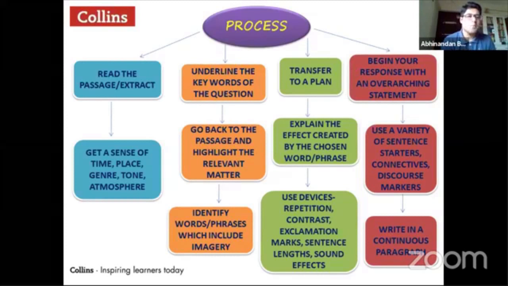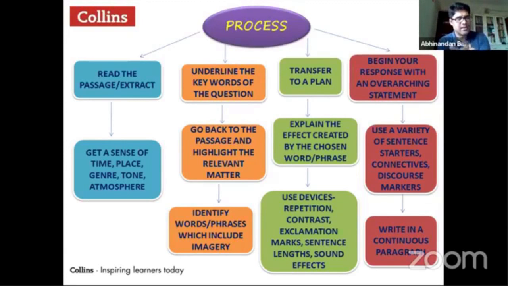Because in that process they pick up a larger portion of the sentence, wherein more than one word or phrase is embedded. In that way the learners are limiting their scope of analysis. So encourage them to pick up short words and phrases.